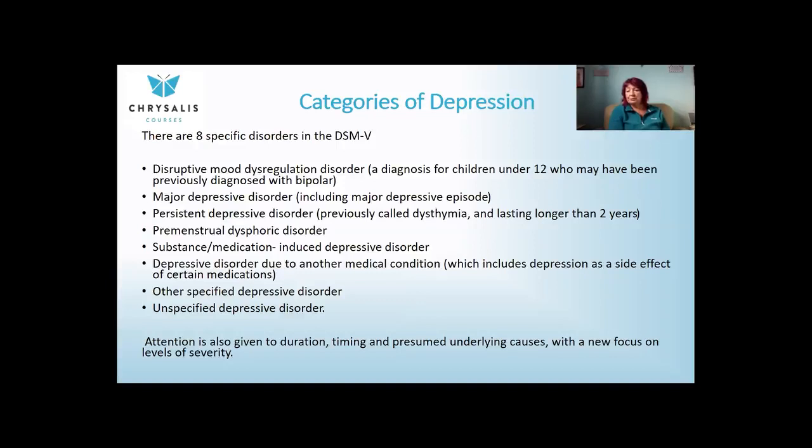So that can be depression that's a side effect of the medical condition they've got, or of the medications that they're taking for that condition. Other specified depressive disorder and unspecified depressive disorder. And attention is given to the duration, timing, and presumed underlying causes, with a new focus on levels of severity.